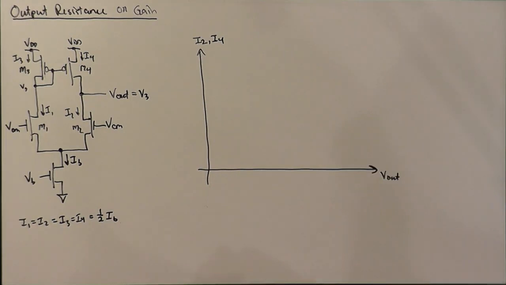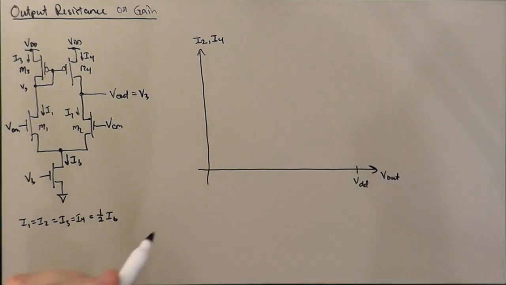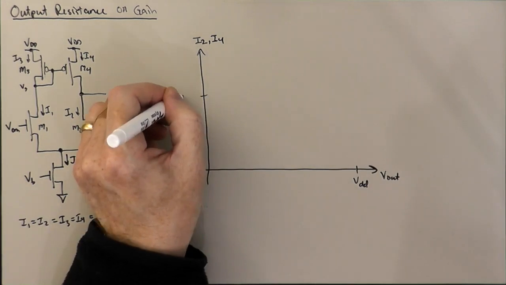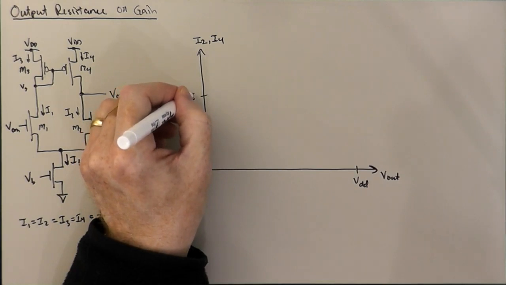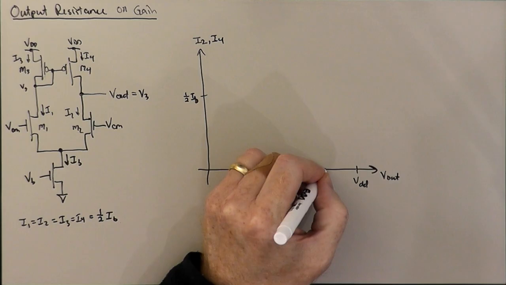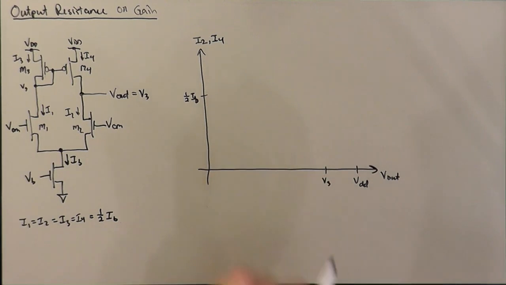And here's VDD. And there'll be some common current here of half of IB. And we know that the quiescent output voltage is going to be basically V3, so it's going to be somewhere up near to VDD.